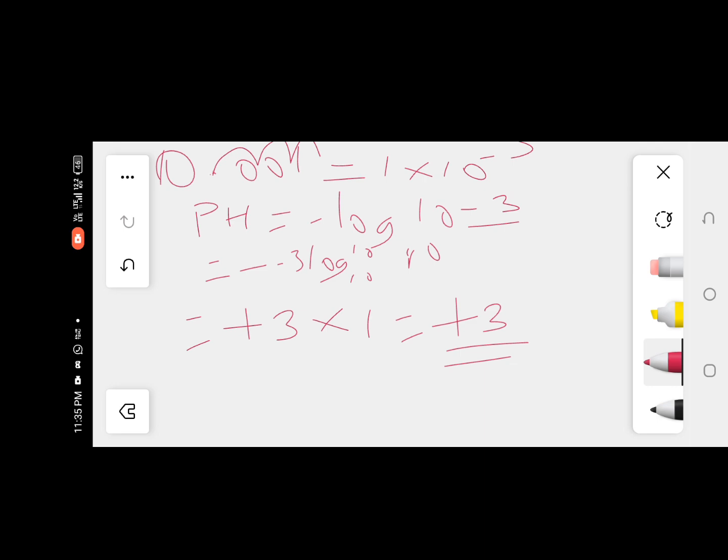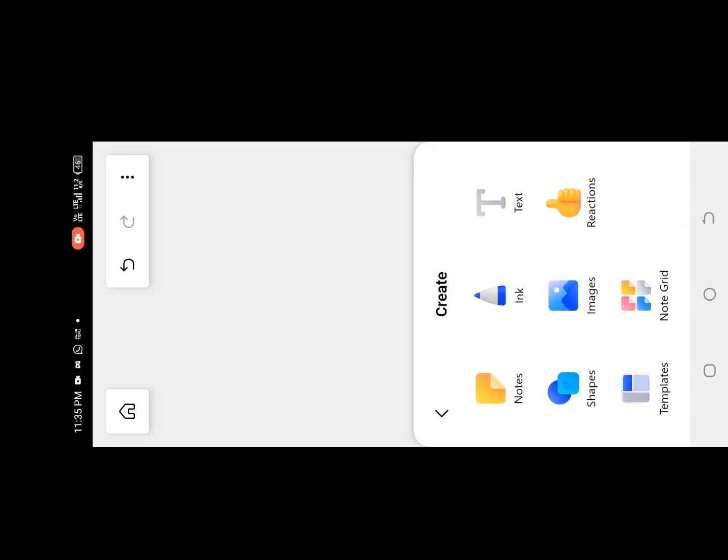The second example, what if you are given a value that has, for example, H2SO4, which is tetraoxosulfate 6 acid, and you were asked to find the pH of H2SO4, and you were given the concentration.